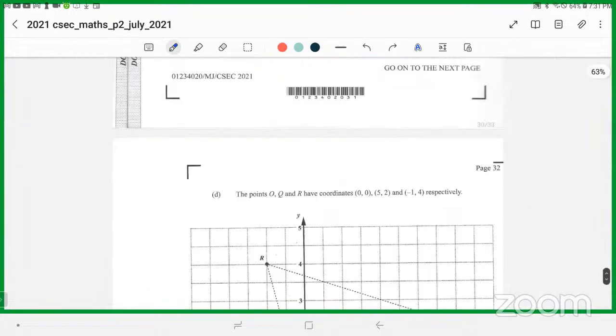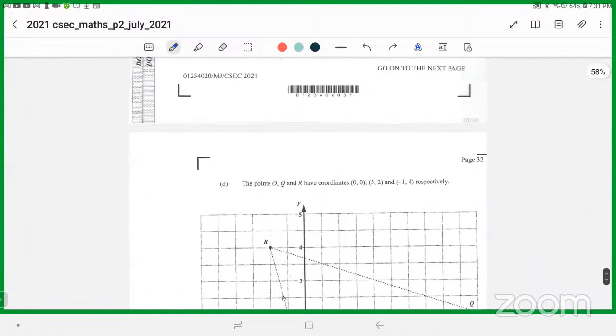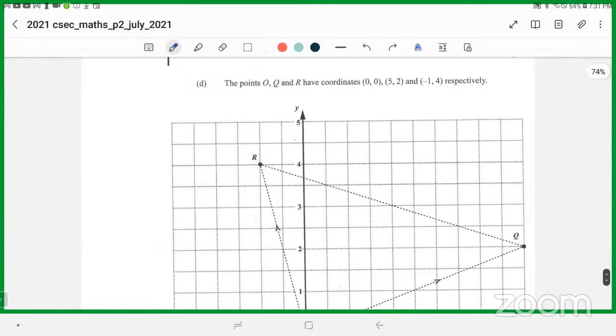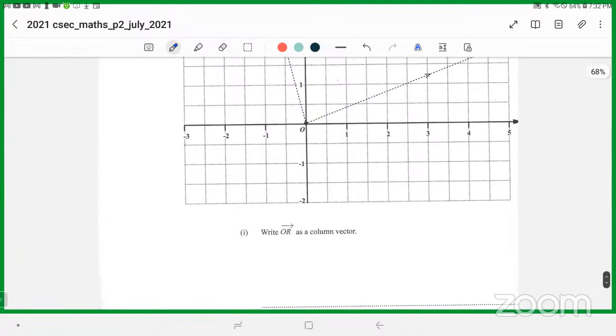Not done yet. That question was long. All right, let's go. Next part. I think this part is very easy. The question says, O, Q and R have coordinates (0, 0), (5, 2), and (-1, 4). Remember, if you know the coordinates, you know the position vectors as well. It says write OR as a column vector.